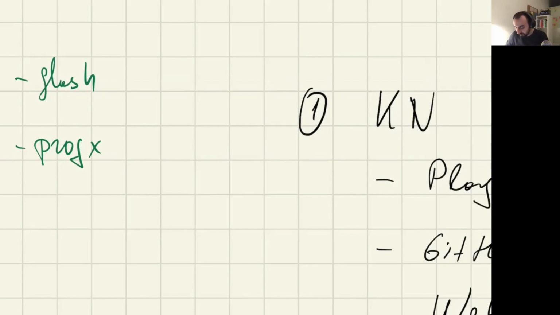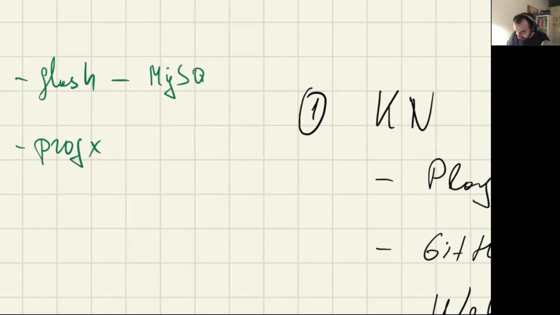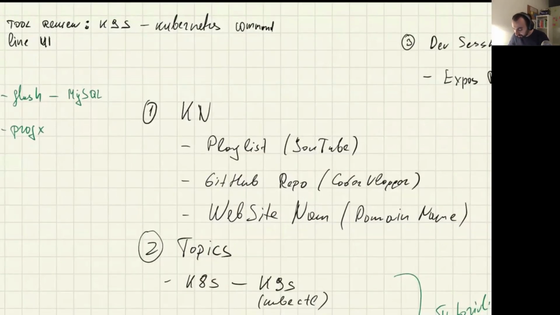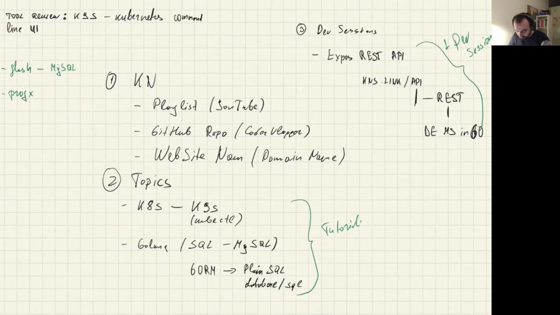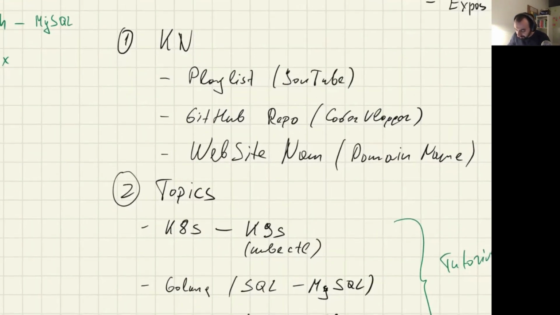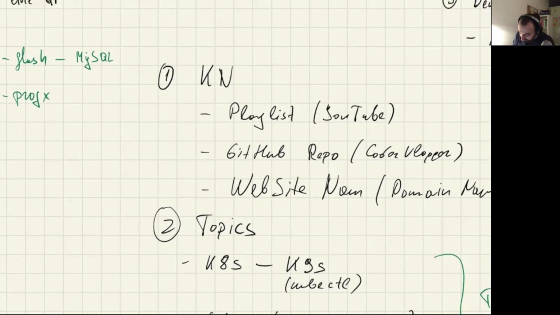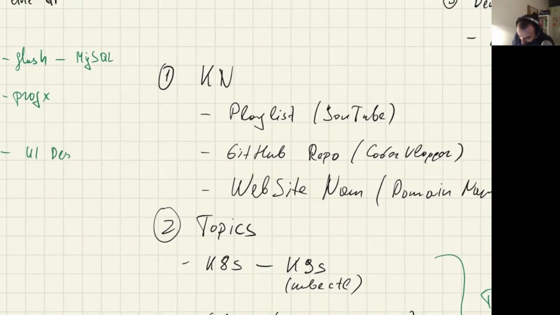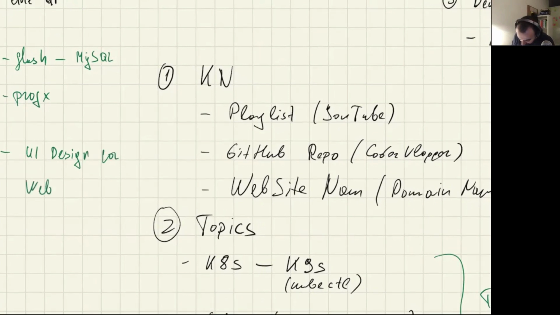What we're going to do is connect it with a MySQL database and return some data. And what just came to my mind, we also need another video on UI design for the web end user.